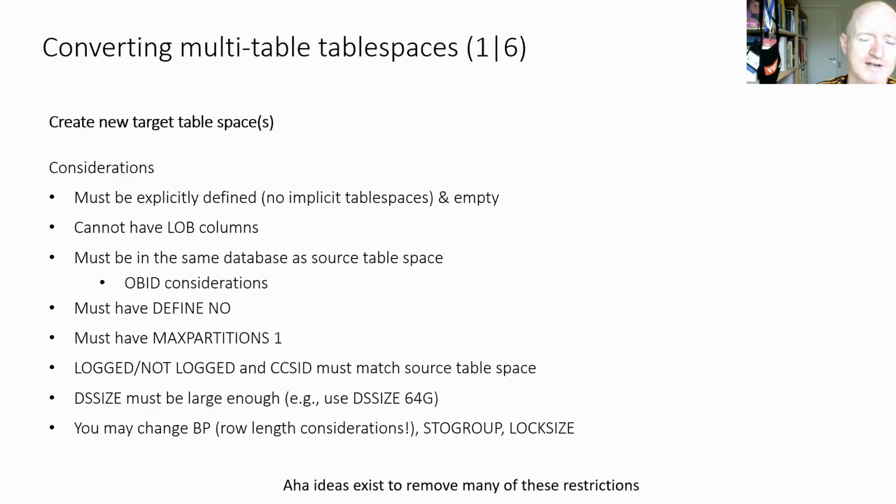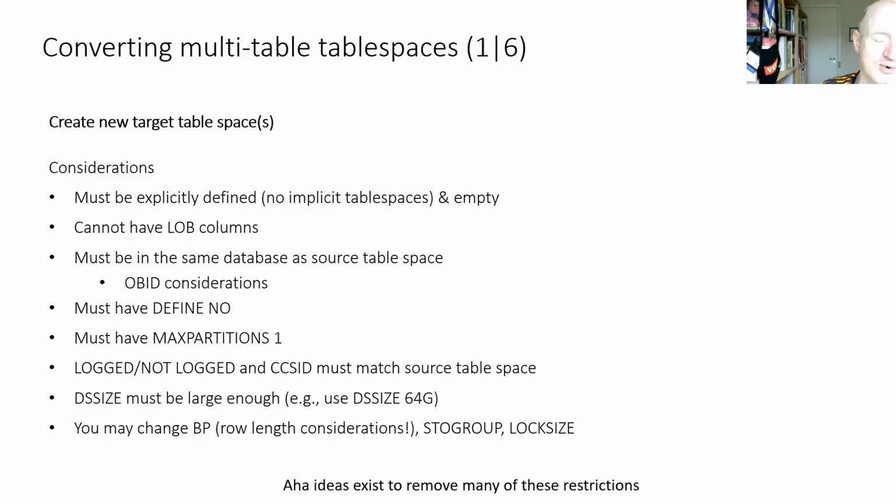So you cannot move a Unicode table to an EBCDIC table space or vice versa. Obviously, the table must be large enough, so make sure that you choose a DSSIZE that is large enough. You could use DSSIZE 64 gigs, then you're guaranteed it will fit. But if you want to use something smaller, be aware that it must be large enough.